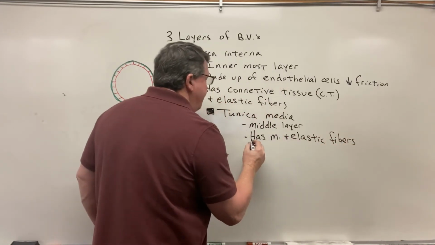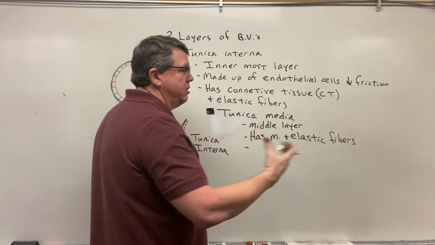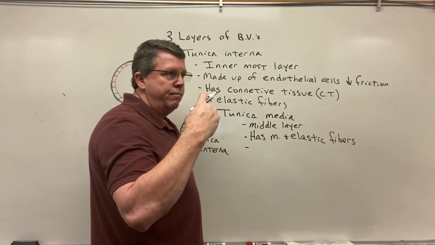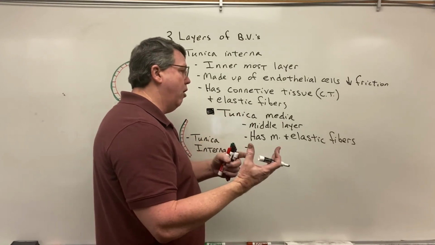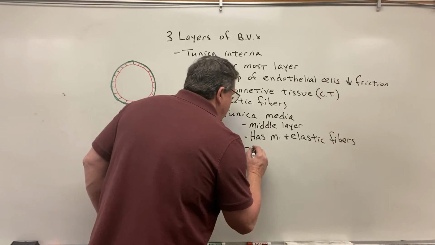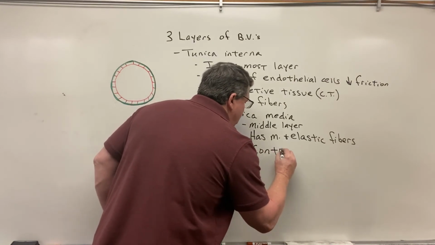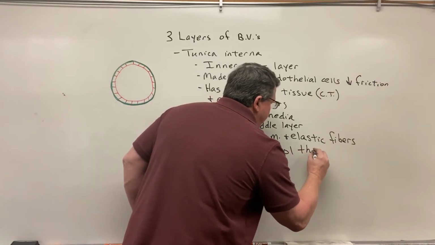Okay? And for the most part, what it can do is, we already saw, it can help decrease the size of the pressure that's in the big arteries, but it can control the blood pressure.